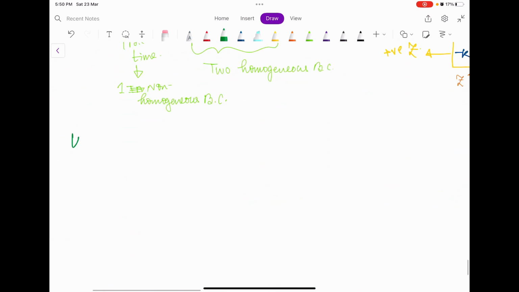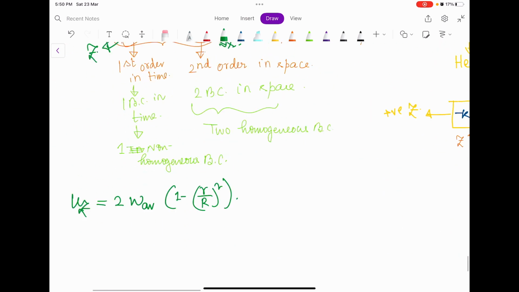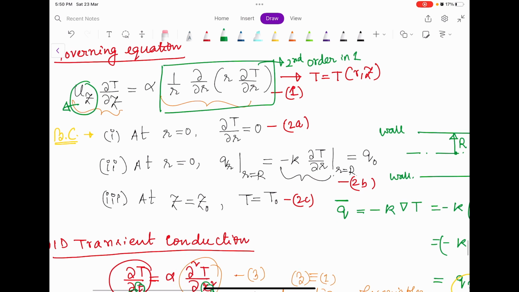So uz is equal to 2 into w average, that is the average velocity in the z direction, into 1 minus r by R whole square. Okay, so uz is only a function of r. Okay, now you see the boundary conditions.